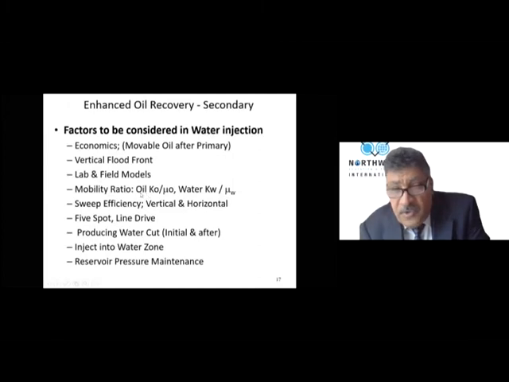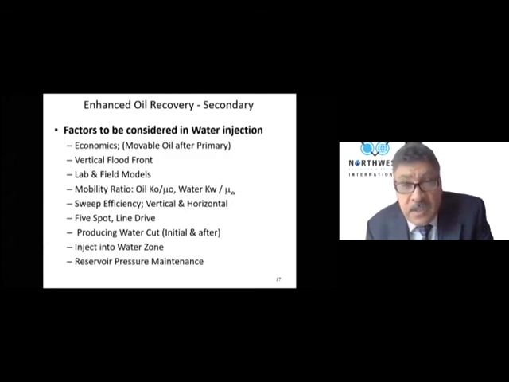And again, I need to do a study about mobility ratio, permeability, viscosity, sweep efficiency, vertical or horizontal, the 5-spot technique, the pattern of injection or line drive. 5-spot, if you heard about this word, you choose 5 wells. One of them could be in the center. We call it the center well, the injection well, and 4 in the corners could be producing wells.